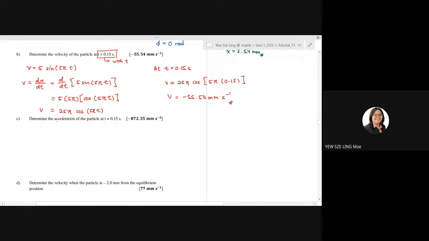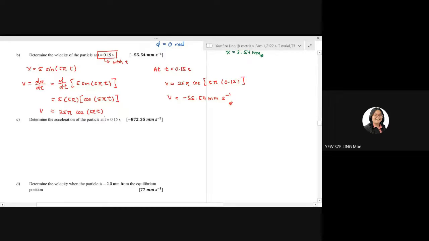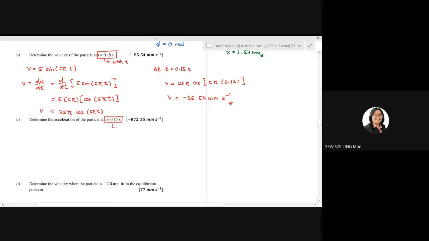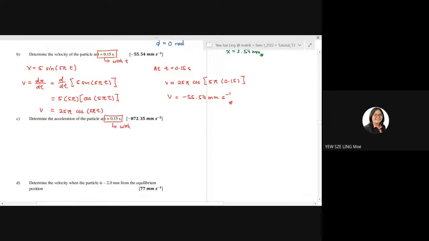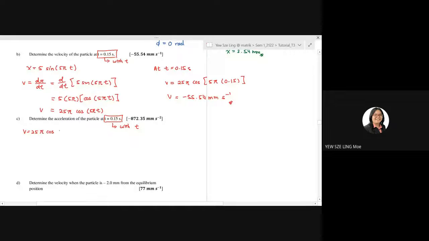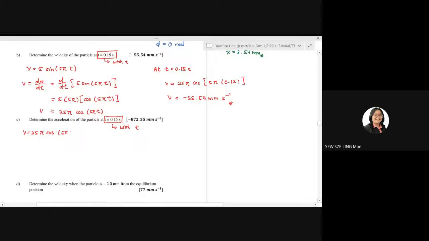So question C. Now it asks you to determine acceleration at time t equals 0.15 second. Again, you are given time. Whenever you are given time, you use equations with time. Again, we don't have the equation, but what we do have right now is v equals 25 pi cos 5 pi t.